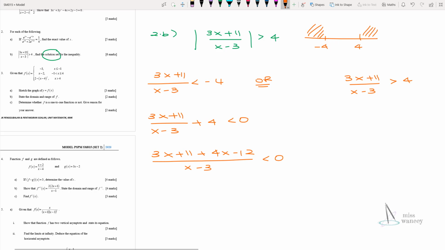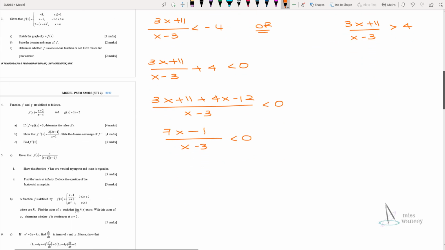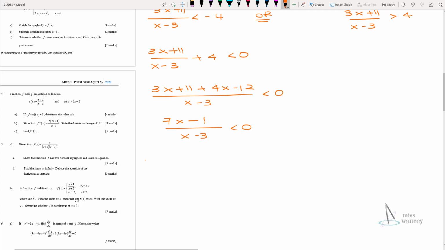So 3x, 4x, 7x minus 1 over x minus 3 less than 0. Okay, so now we're gonna do the real number line for this. So assume, or you can write down let, either one, 7x minus 1 to be greater than 0, x greater than 1 over 7.